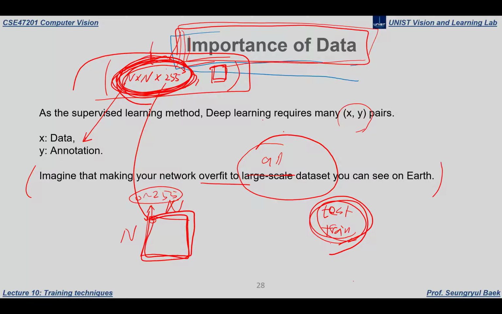And if we can overfit our network using this amount of data during the training, then our network will for sure work well for all types of testing data. Are you guys understanding this?